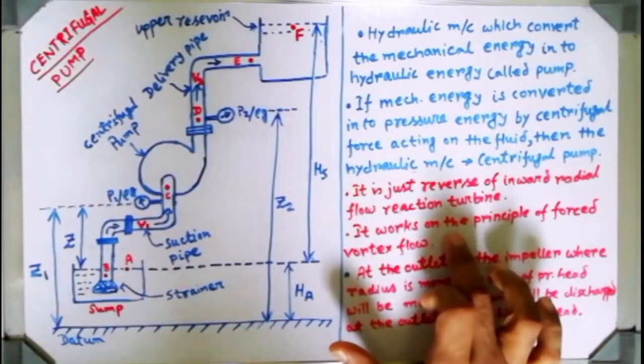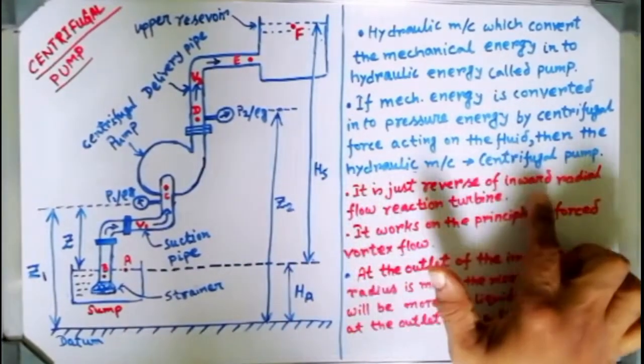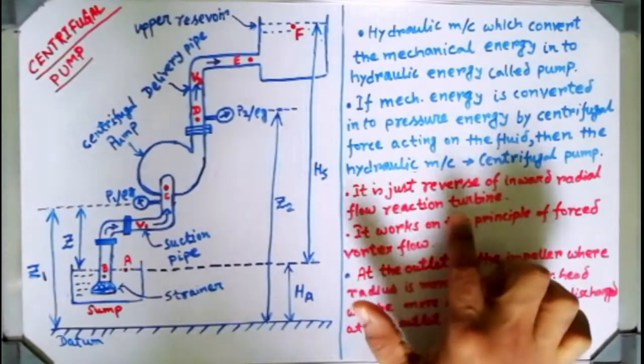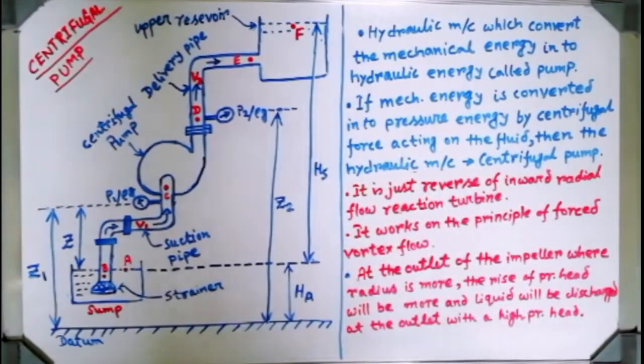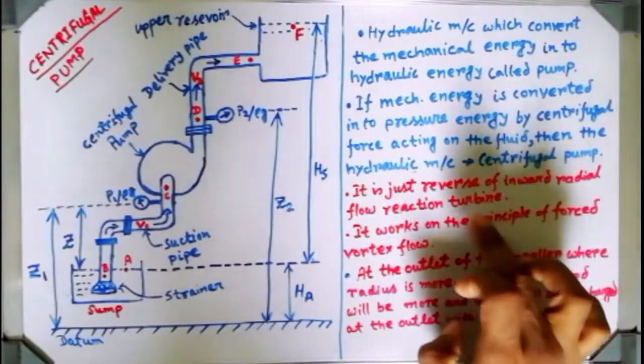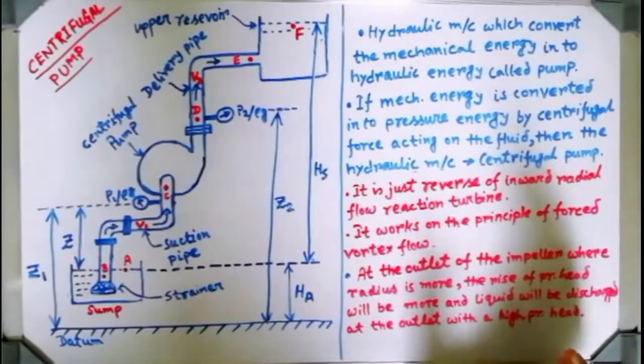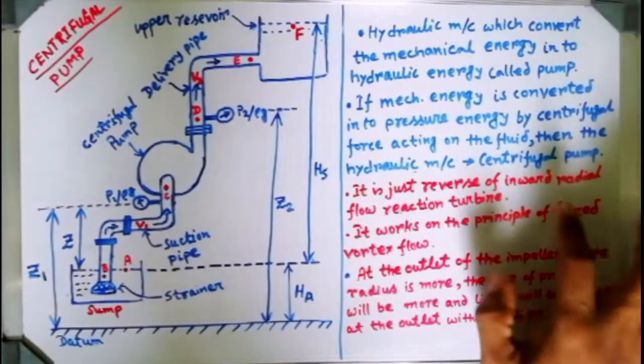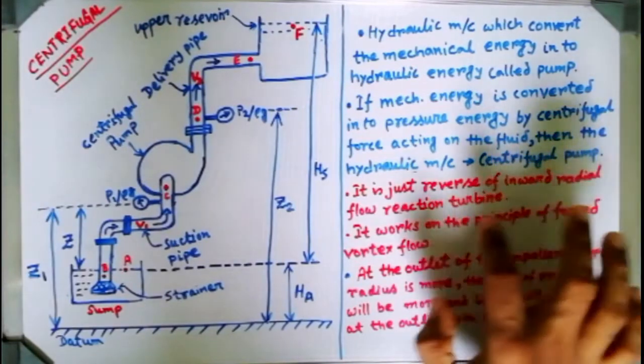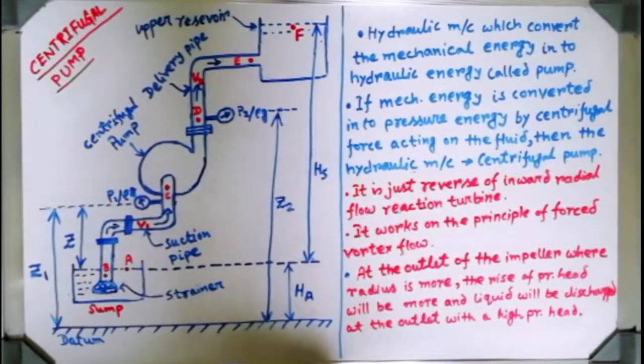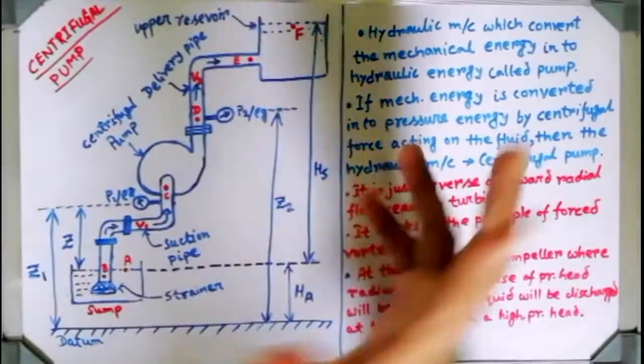In this third point I have written, it is just the reverse of an inward radial flow reaction turbine. It is very important. Already we have studied what a radial inward flow reaction turbine is, and there we have also gone through the reaction turbine which is known as the Francis turbine. The Francis turbine is basically an inward radial flow reaction turbine, and the centrifugal pump is just the reverse of that.